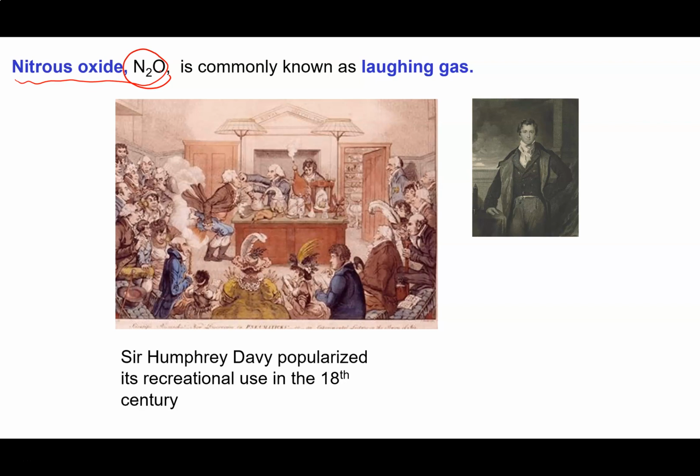Nitrous oxide is commonly known as laughing gas, and it's often also used for whipping cream, and it's sometimes used as an anesthetic. A guy called Sir Humphrey Davy popularized the recreational use of laughing gas in the 18th century, and people would come to these parties and pay money for it.